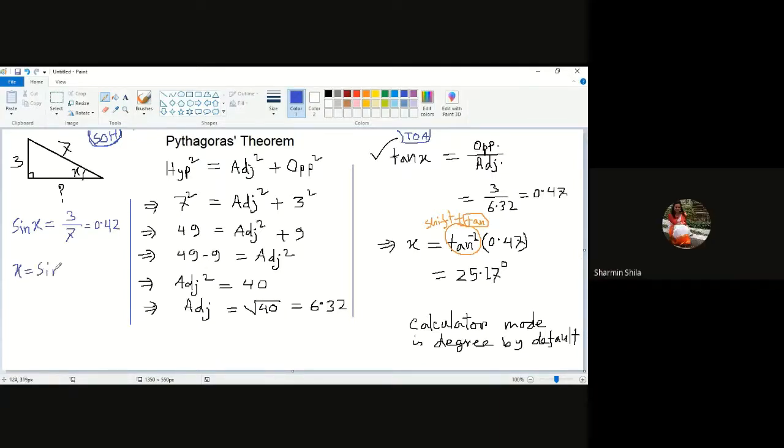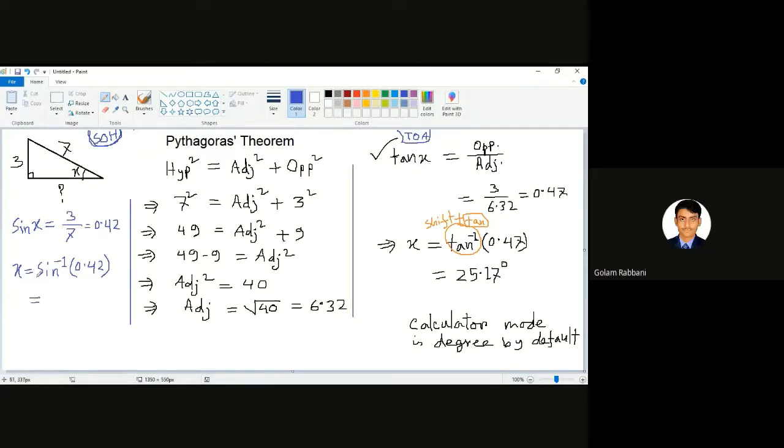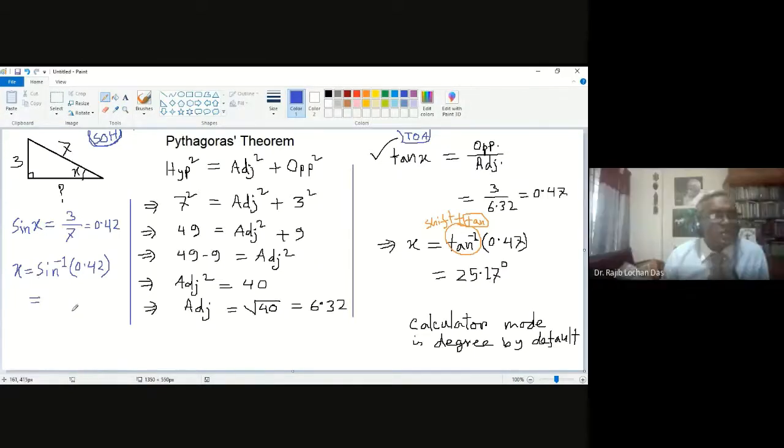It will be sine inverse 0.42. What will be the angle in this case? 24.83, sir. But the other answer was 25.37. It should not be different; it should be the same answer.